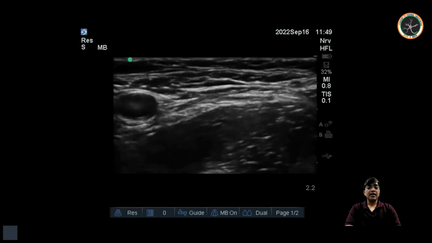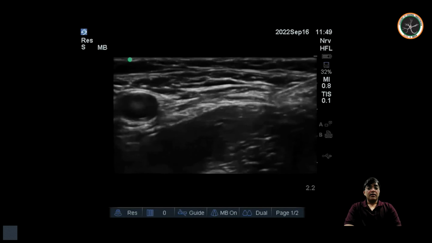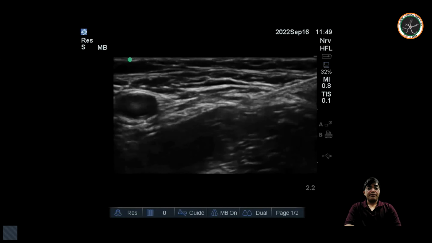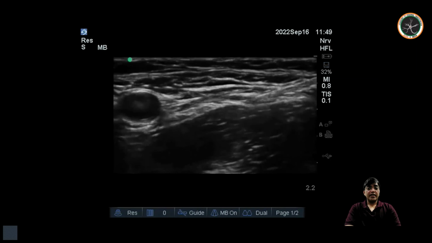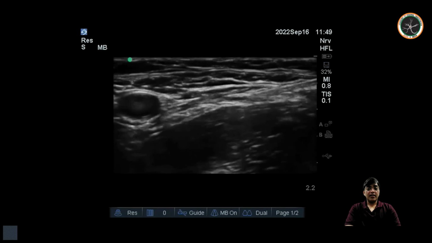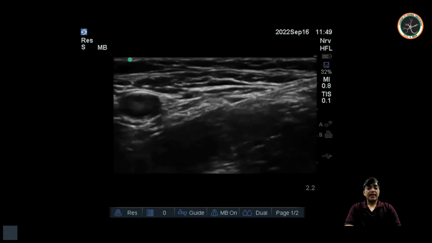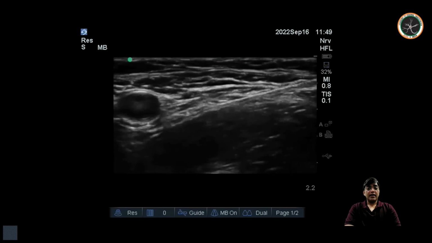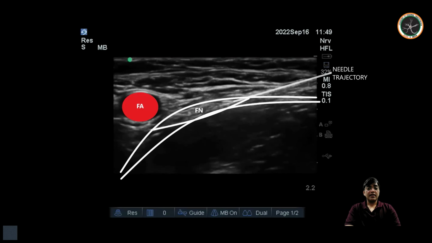The needle enters in plane towards the femoral nerve with the tip under vision all the time. Enter the fascia iliaca and aim to miss the nerve.